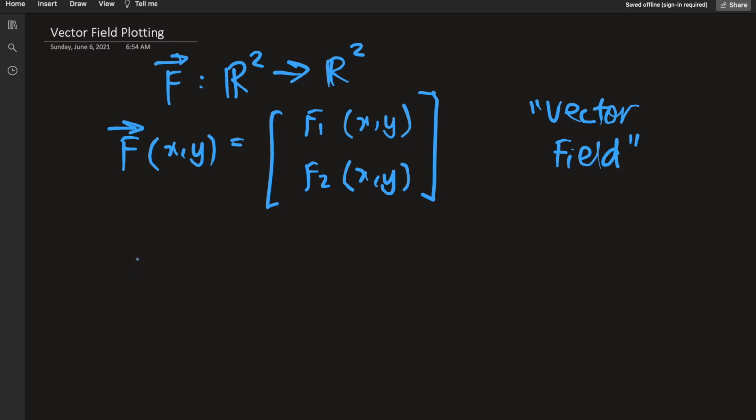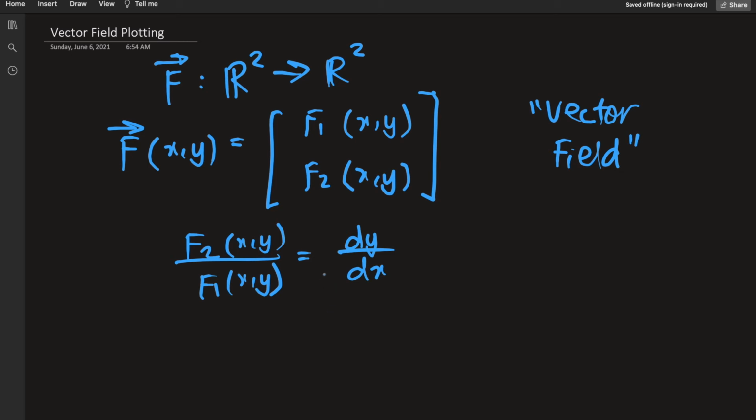Okay, so the way to plot this, which I forgot to tell you, is to take each component, say f2 of x and y divided by f1 of x and y, and set that equal to dy over dx.